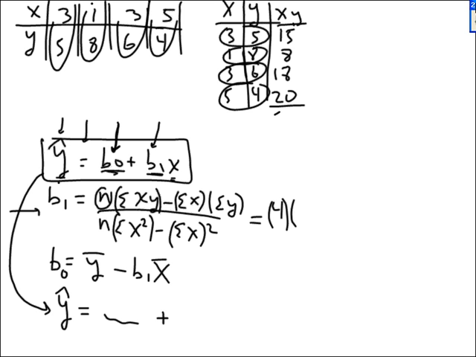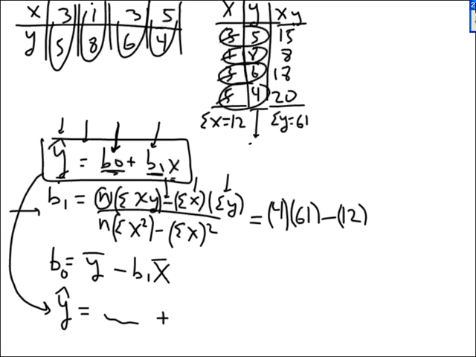So the summation of xy is 61. Then I see a minus, then the summation of x's. So I add up the x's: 5, 8, 9, 12. The summation of the x's is 12, times the summation of y's. So now I add up the y's: 4, 10, and 13 is 23.